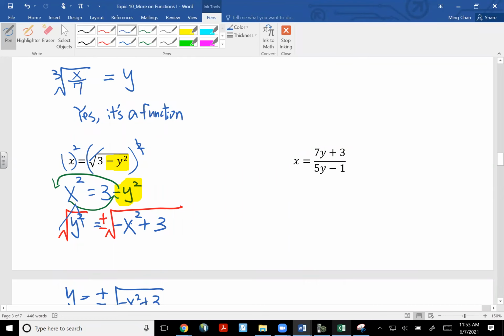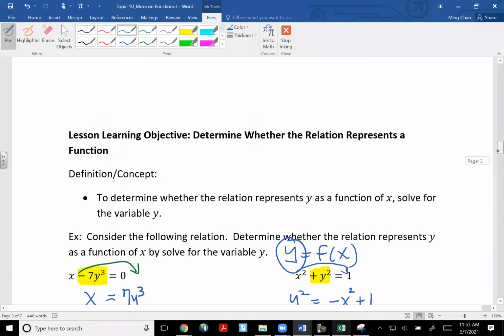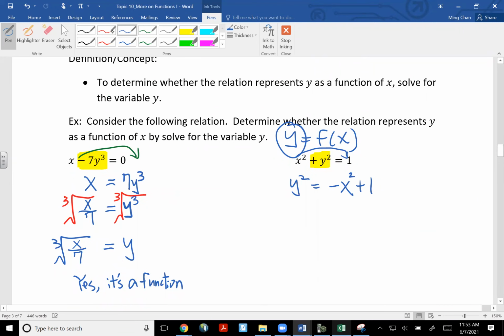Y squared equal to negative x squared plus 1. Take a square root on both sides. My answer would simply be y equals positive and negative square root of negative x squared plus 1. So if I graph this again like I just did with the previous problem, it will still show a similar circle graph. So it is not a function.